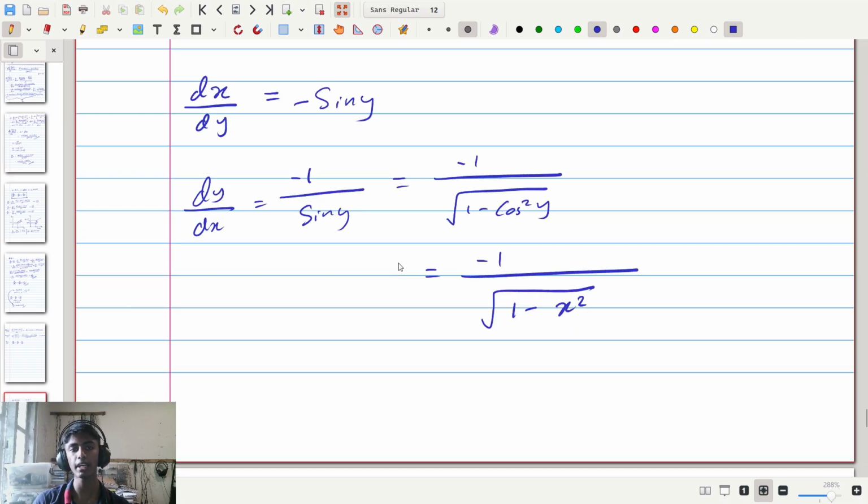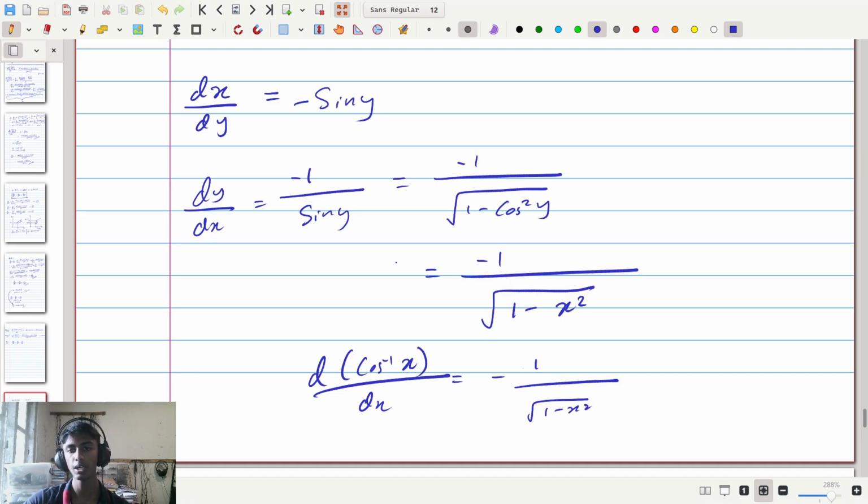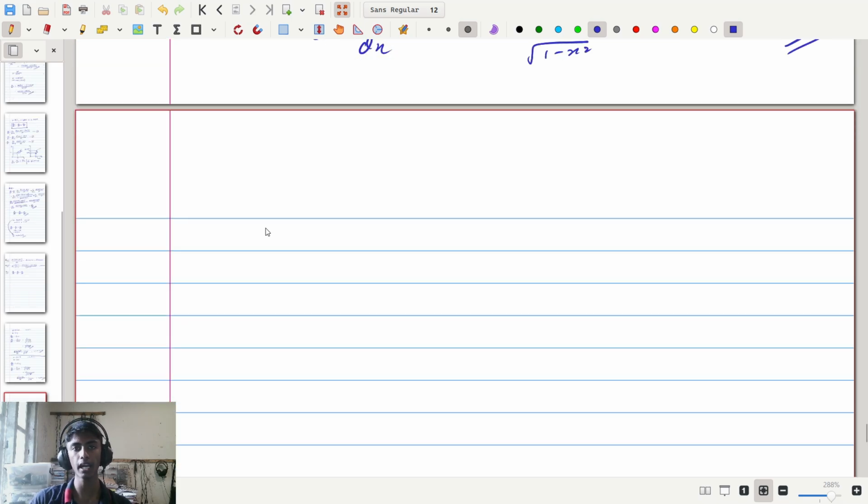Therefore, in this case, we have that the derivative of cosine inverse of x with respect to x is equal to -1 divided by the square root of 1 minus x squared, of course, provided that x is in the valid range, so x between -1 and 1. Hence proven.